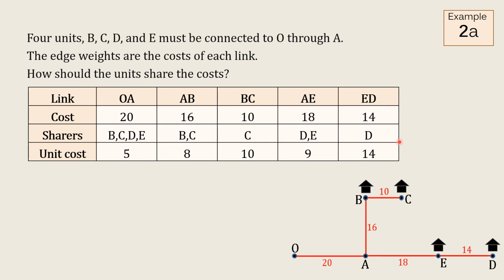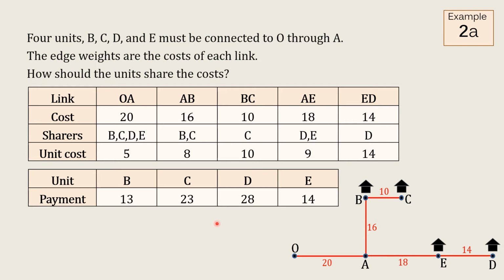So these are the sharers of each of these links. These are the total costs, and if we divide the total cost amongst the sharing units, then this is how much each has to pay. So these are the amounts that each unit pays.